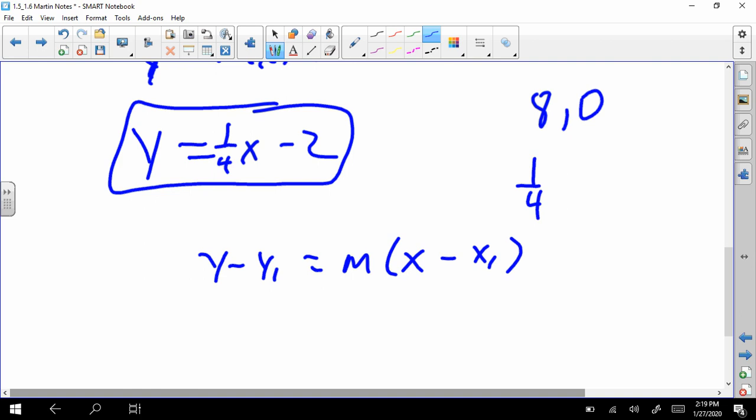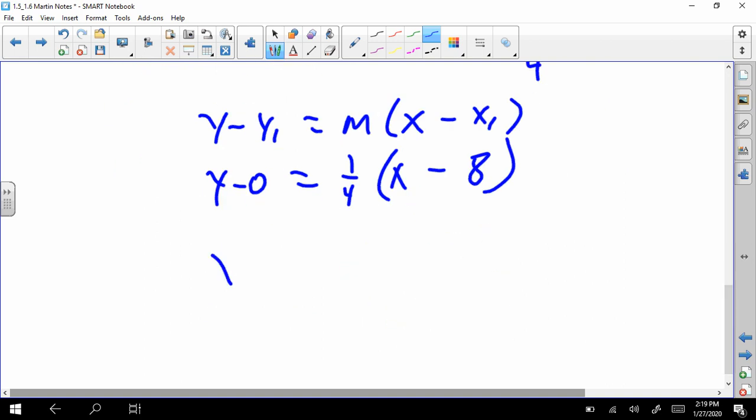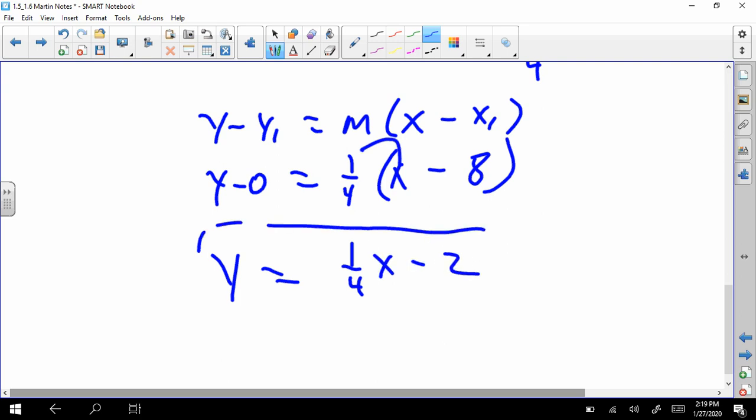I'm going to plug in the x and the y. Y minus 0 equals, I'm going to plug in the m, the 1/4, and x minus my x value, which is 8. I get y equals 1/4 multiplied by the x. 1/4 of negative 8 is negative 2.